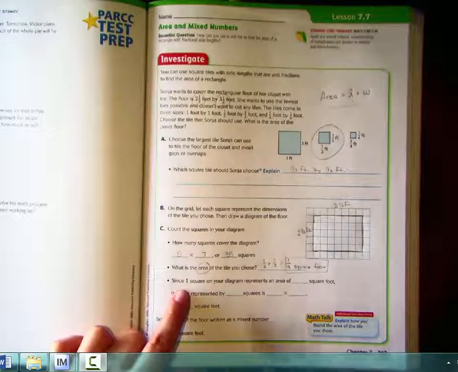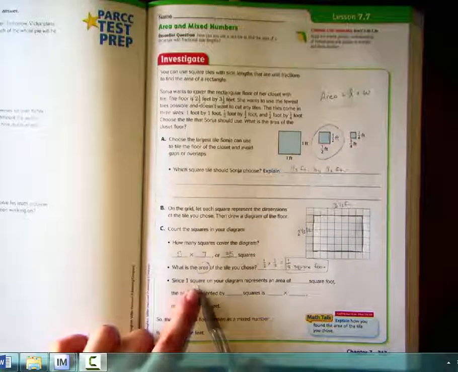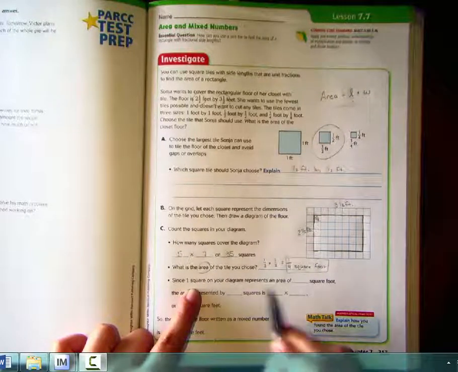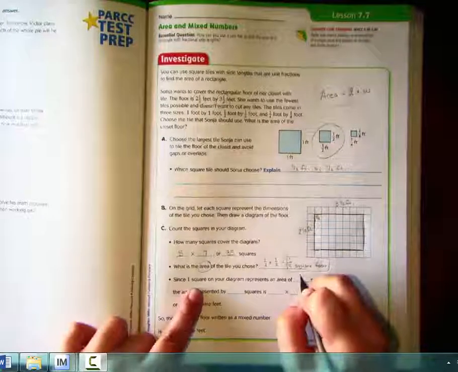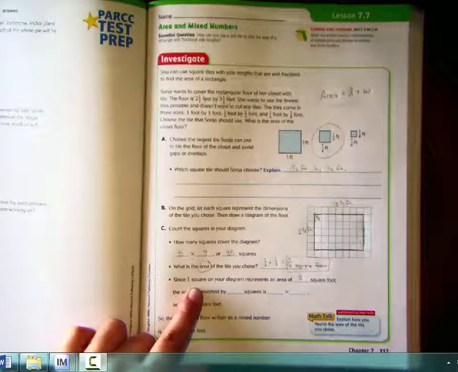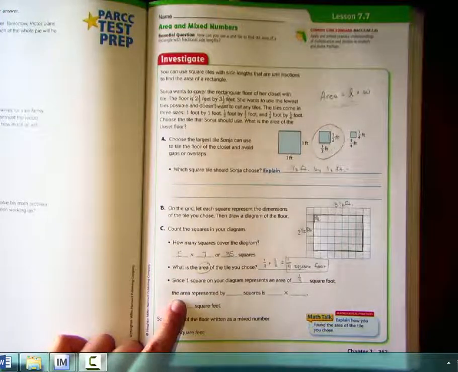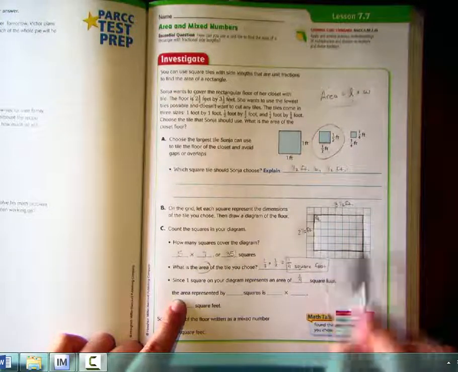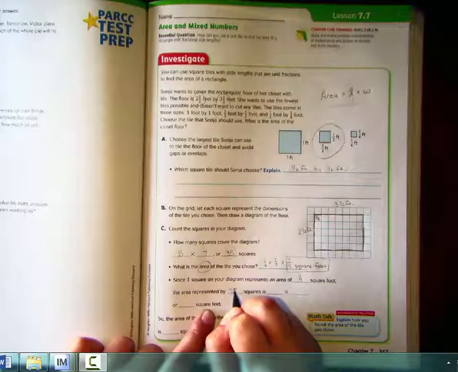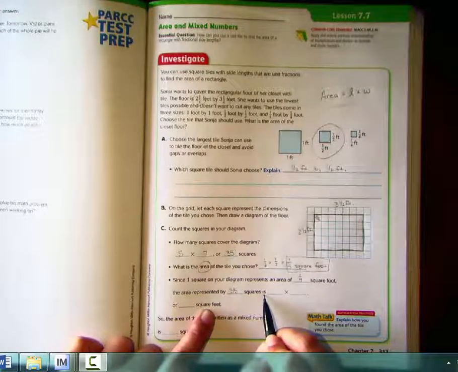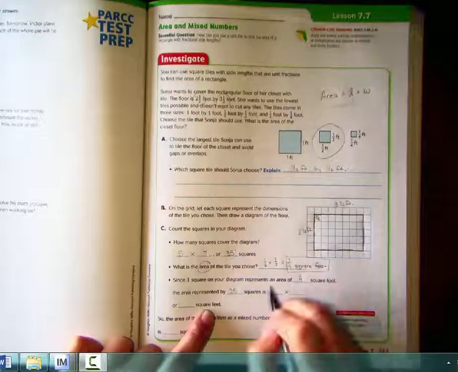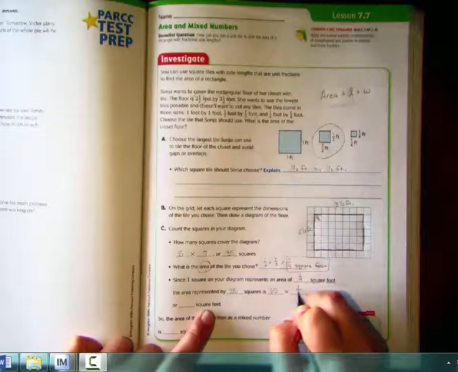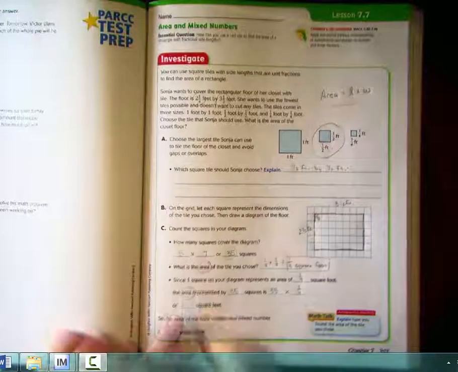Okay? So then it says, since one square on your diagram represents the area of 1/4 of a square foot, the area represented by the total number of squares we have, which was 35, is, if we want to find that total, going to be 35 times the 1/4, because remember, we're finding area.